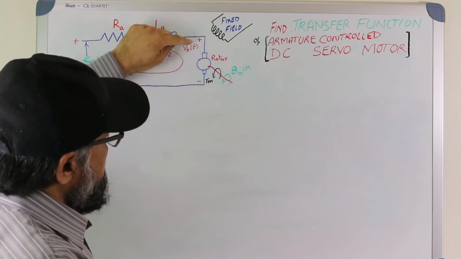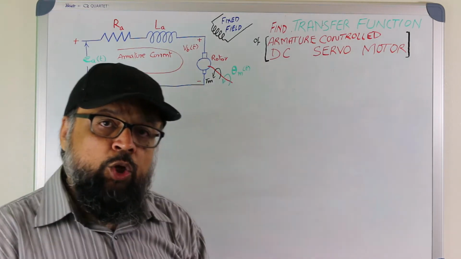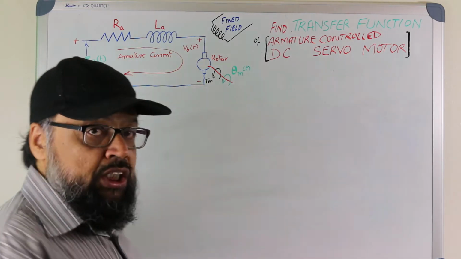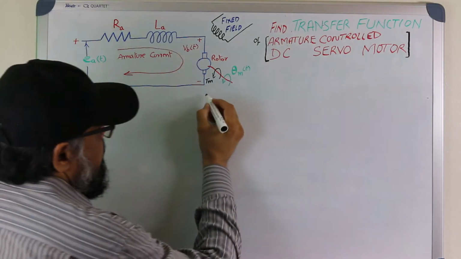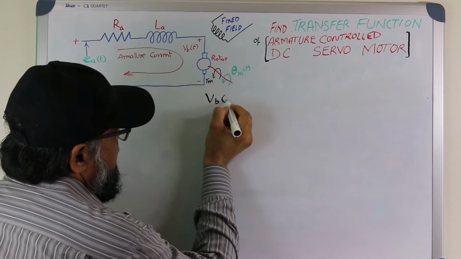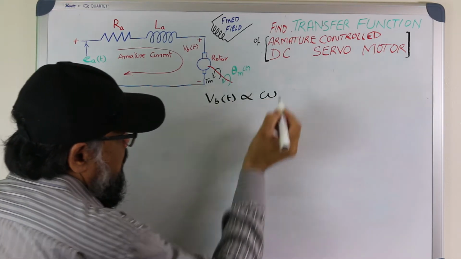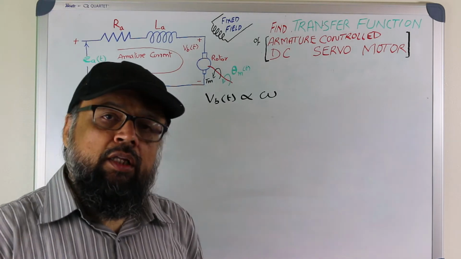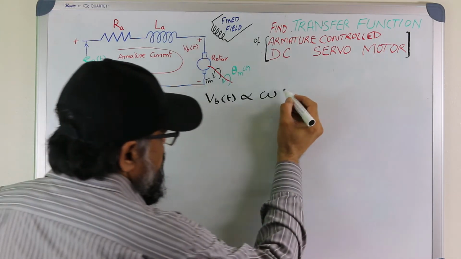This voltage is called VB, the back EMF. This is the first thing you should understand. So this VB(t) is proportional to omega, the speed of the motor. This is also in time domain.